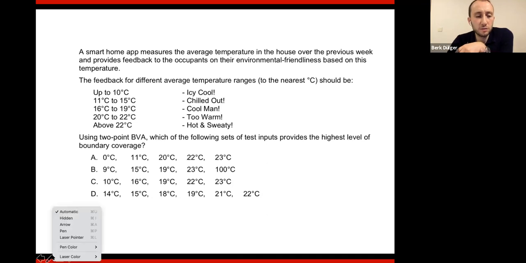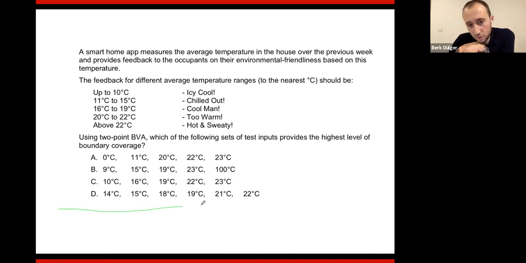If you'd like to solve the problem, it's much better to draw a line and put boundaries there, and also put boundaries from the question, just like that. For up to 10, there's one partition. From 11 to 15, there is another partition, right? And it goes up like this.